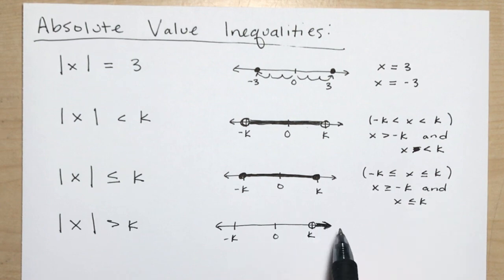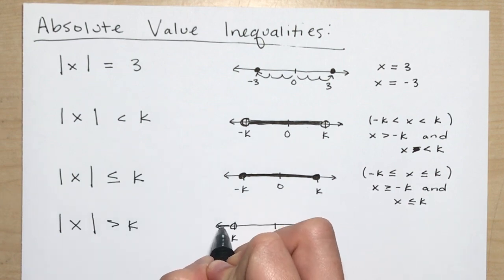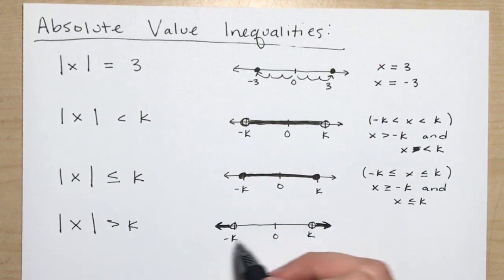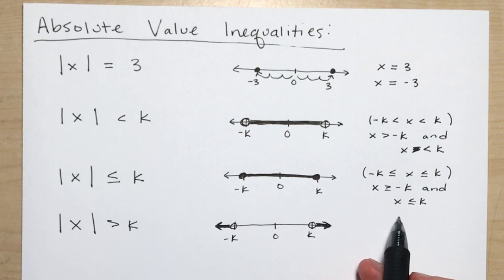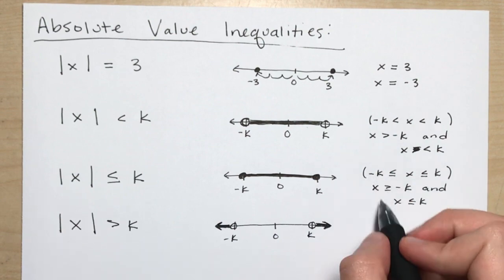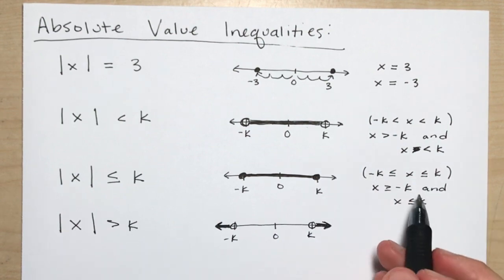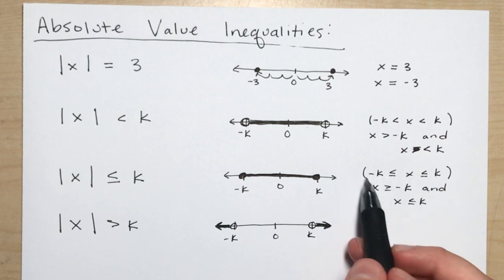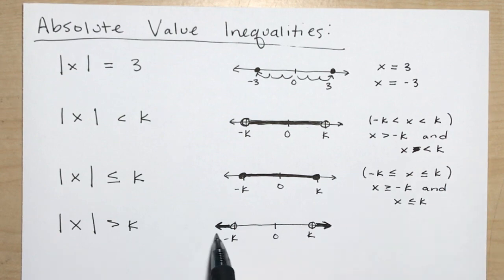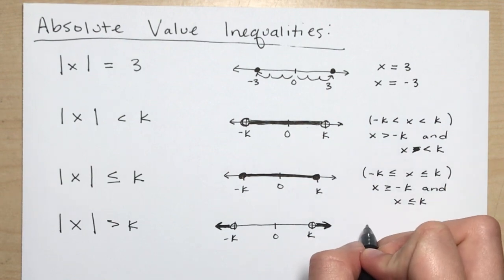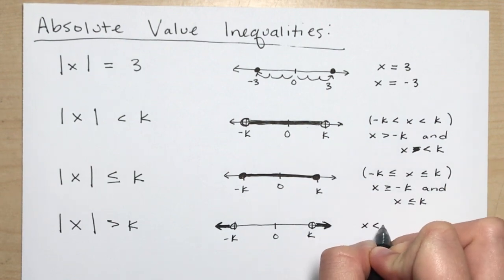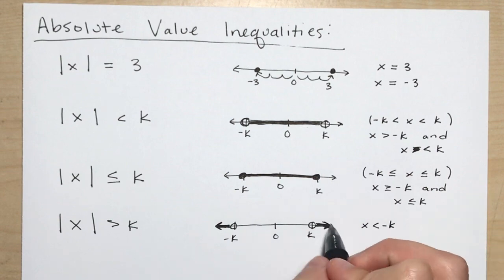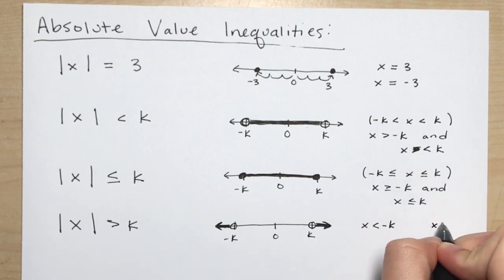So this is what we're including. Similarly, over here, this is what we're including. How do I write this in symbolic form? Well, we can't do it in this nice condensed way. We have to write it separately because it's two separate pieces. So we have the part where x is less than negative k, and the part where x is greater than k.